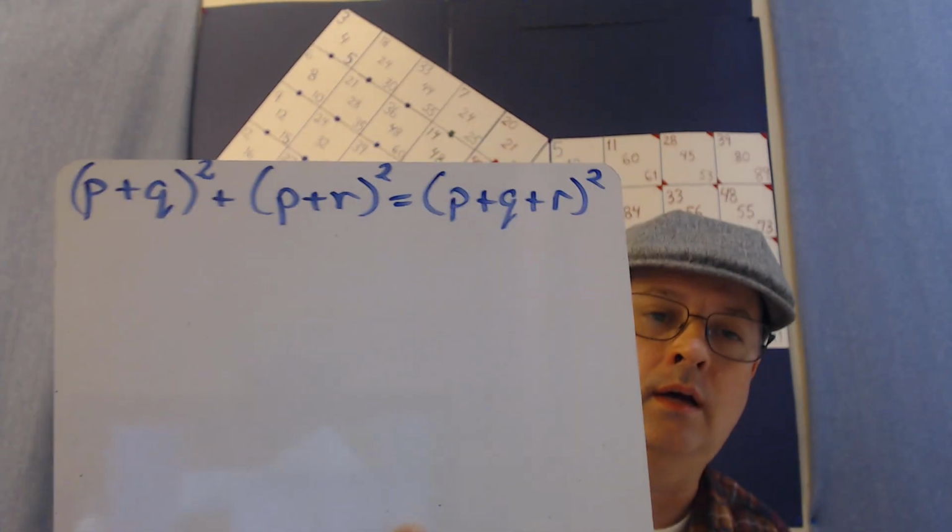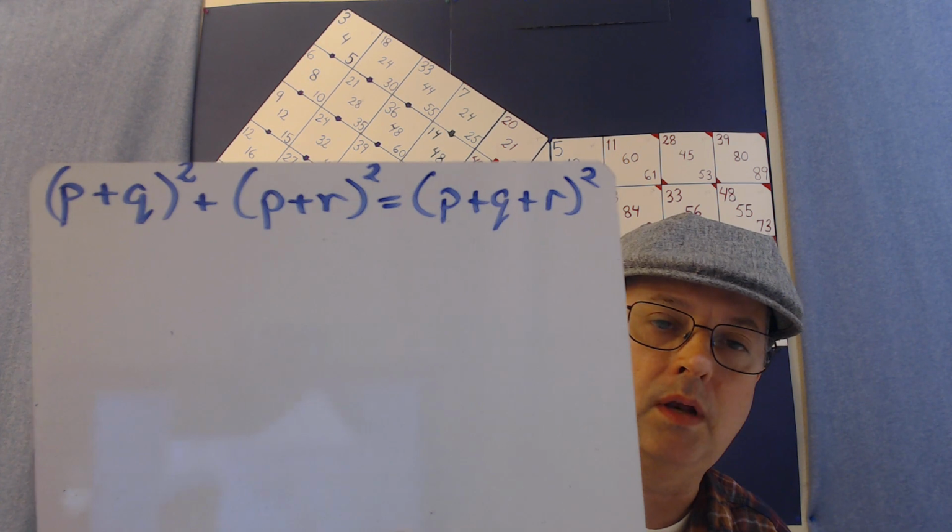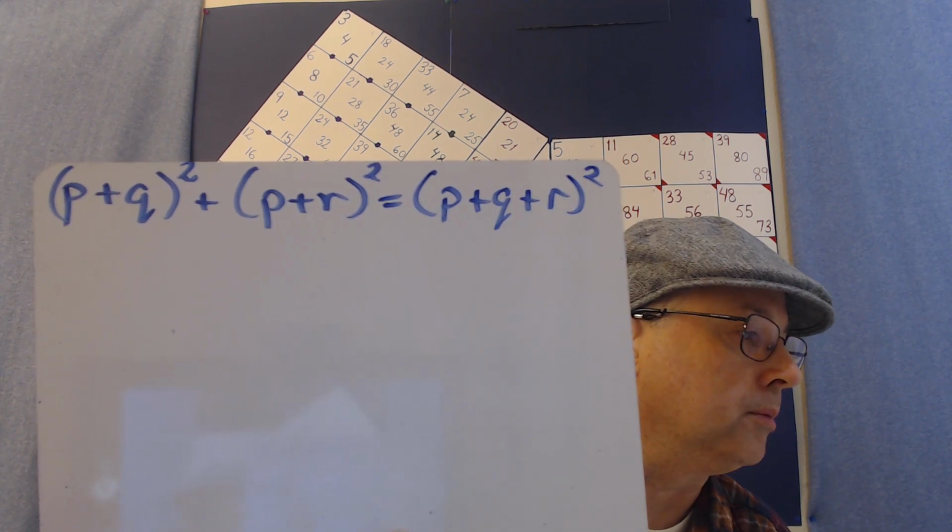P plus Q squared plus P plus R squared equals P plus Q plus R squared. That's Dickson's formula for generating Pythagorean triples.